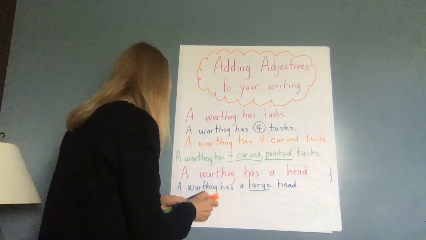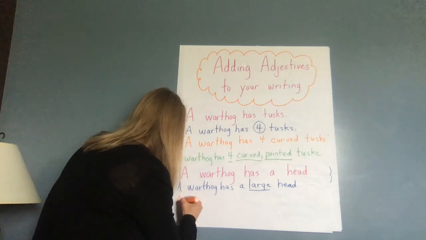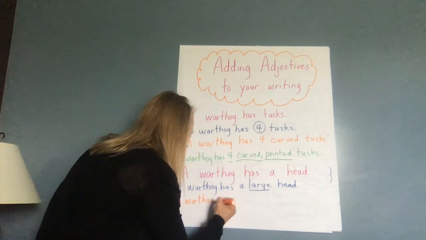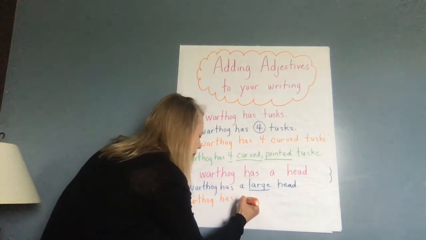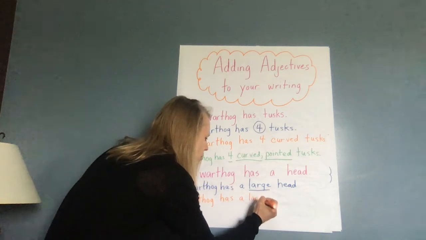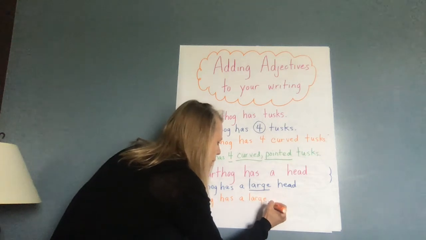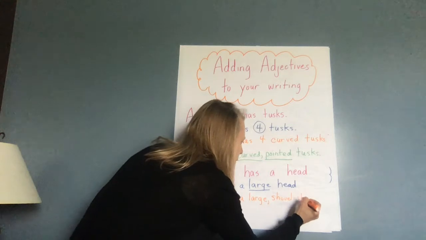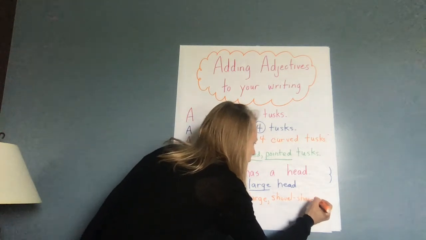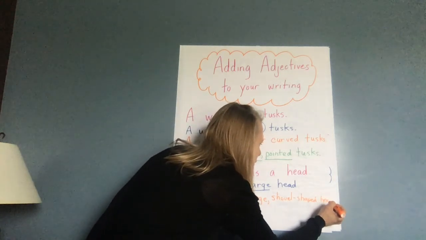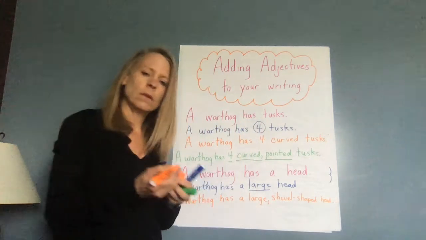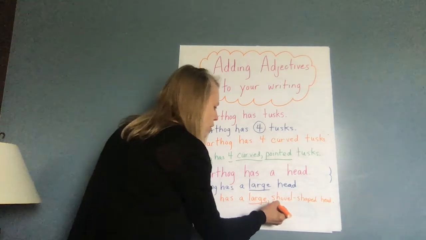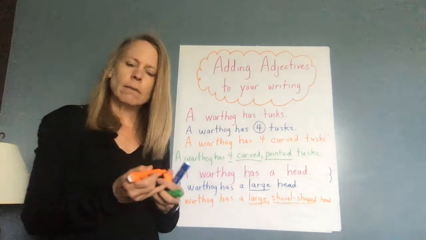So I can say a warthog has a large, comma, shovel shaped head. Period. So what I added is large, shovel shaped head.